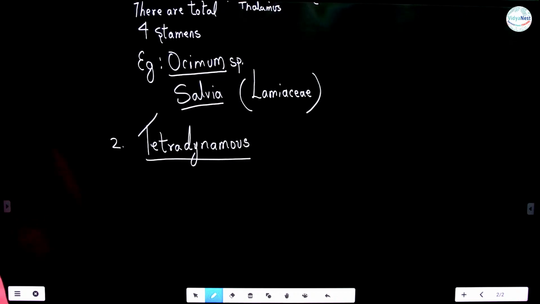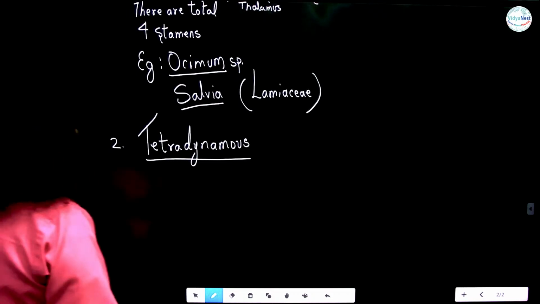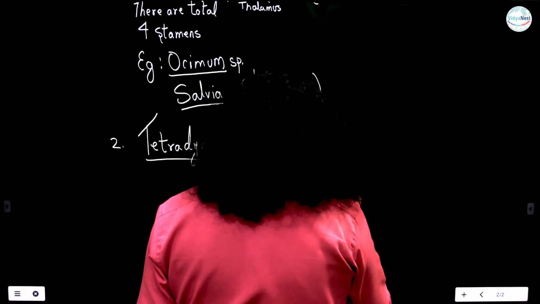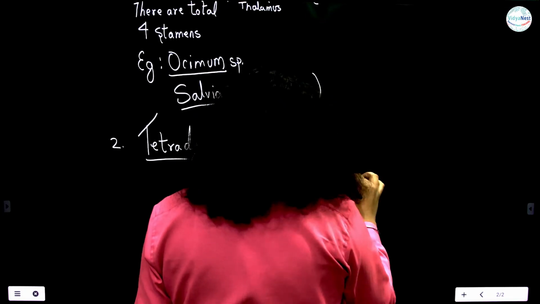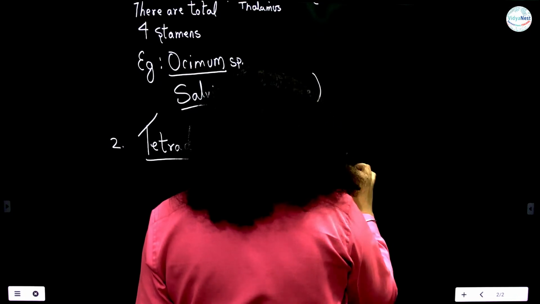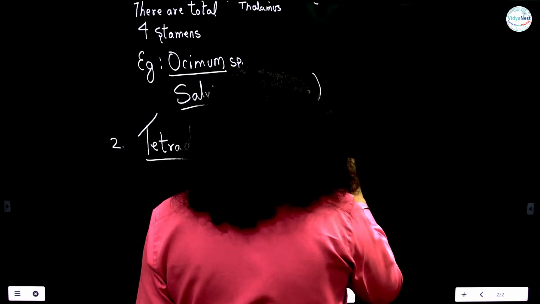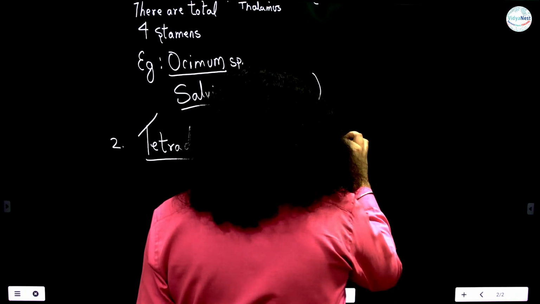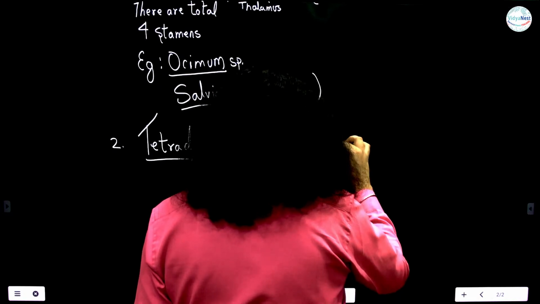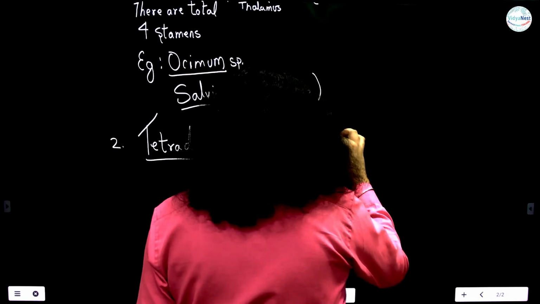In tetradynamous, a total of 6 stamens are present: 2 outer, which are small, and 4 inner, which are long. So here this is the thalamus. Two outer are small, and four inner are long. This is long, this is long, there are 2 more. These are longer.